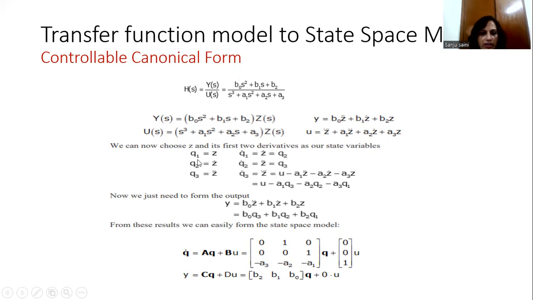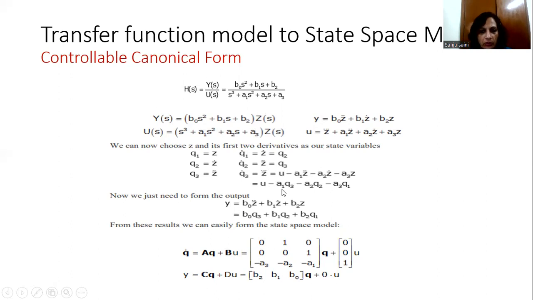Then first of all, two equations we can get directly. The derivative of the first state variable is equal to the second state variable. The derivative of the second state variable is equal to the third state variable. The derivative of the third state variable we can get from the basic equation.